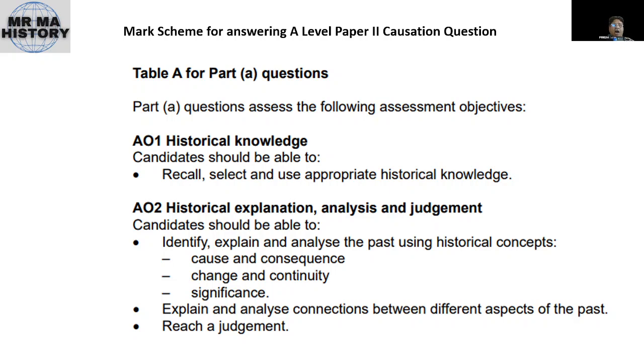Now, how to use this knowledge for attempting the causation question? What type of skills do you need? Under the Cambridge mark scheme, these skills are assessed as Assessment Objective 2. As you can see, AO2 refers mainly to historical explanation, analysis and judgment.